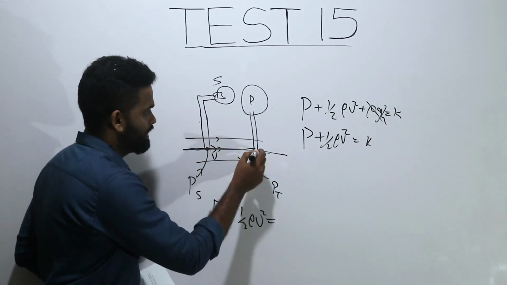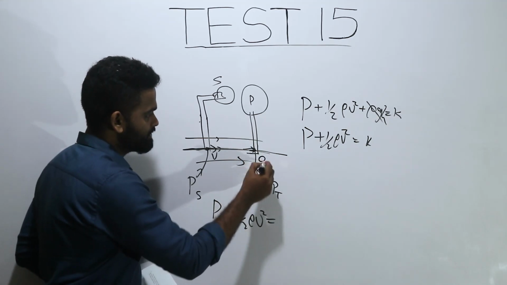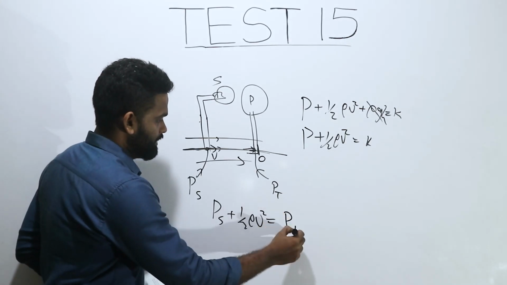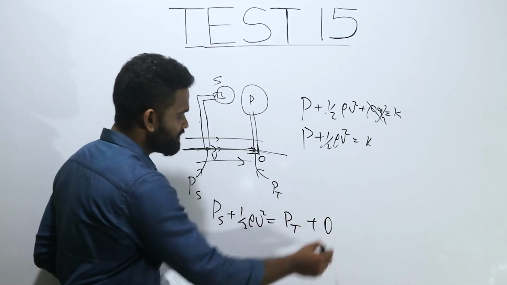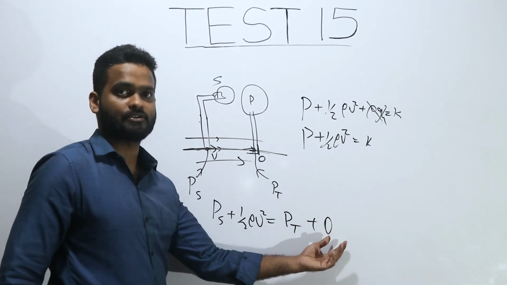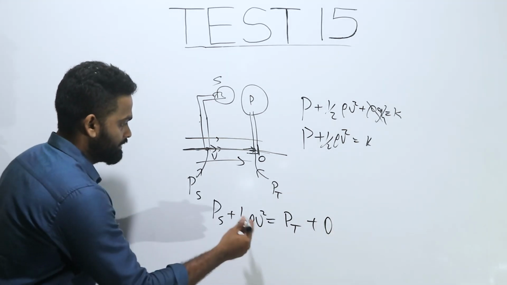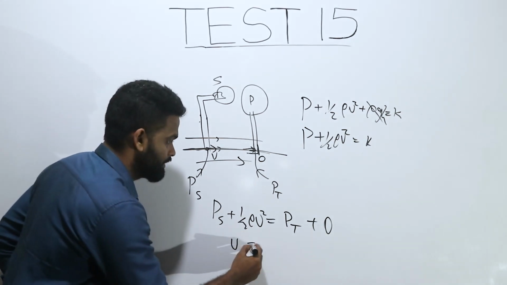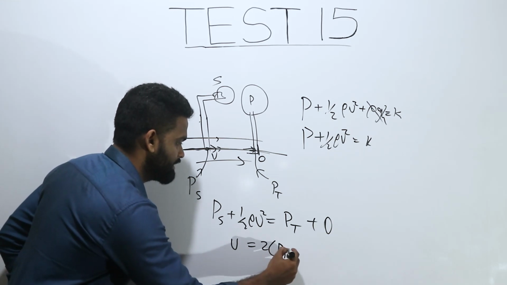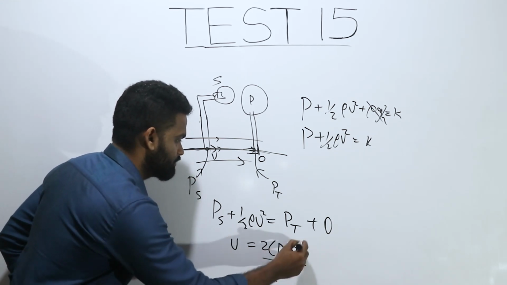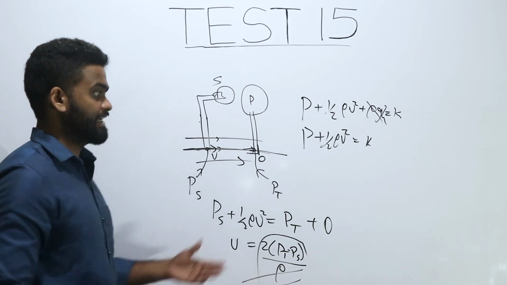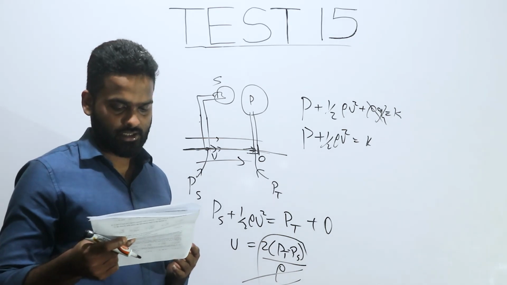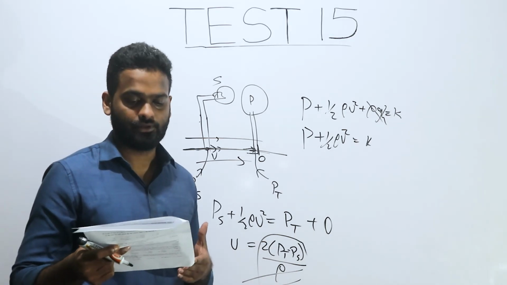At the other point, speed becomes 0 due to this barrier, but the pressure is PT. Since speed is 0, there's no kinetic energy. Then I just make v the subject. So this becomes the square root of 2(PT minus PS) divided by rho. That is the velocity of the air stream. Answer should be the third one for the 15th question.